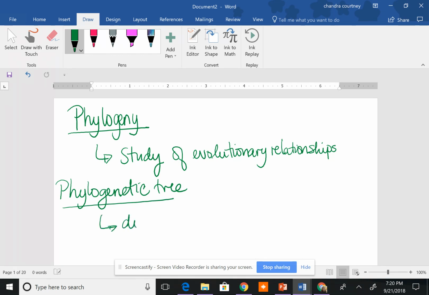Okay, so it's a diagram that represents evolutionary relationships.